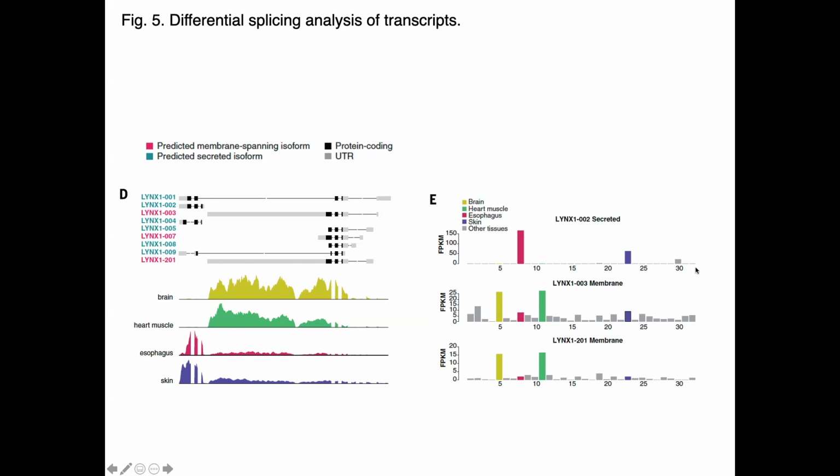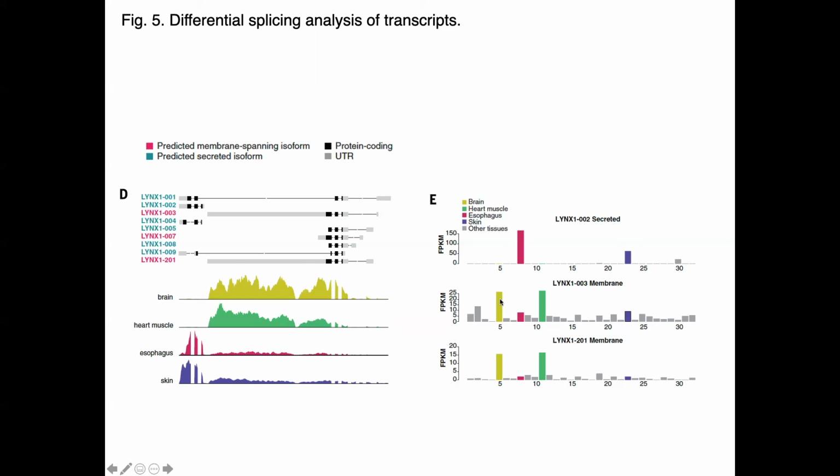So the secreted isoform here is expressed at high levels in what? The pink is esophagus, and the blue one is in skin, right? Whereas the 2 membrane spanning isoforms, 003 and 201, both are the membrane bound form, they have high levels in the esophagus.